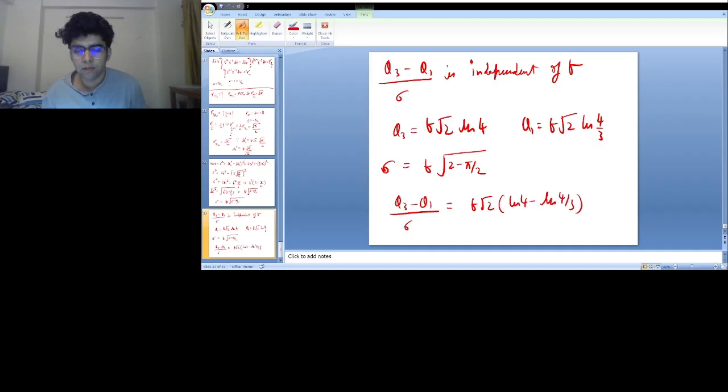I just subtracted this and took b root 2 common, and I have another b here, and this is root 2 minus pi by 2.